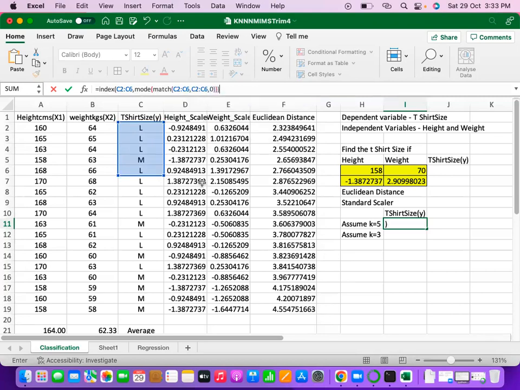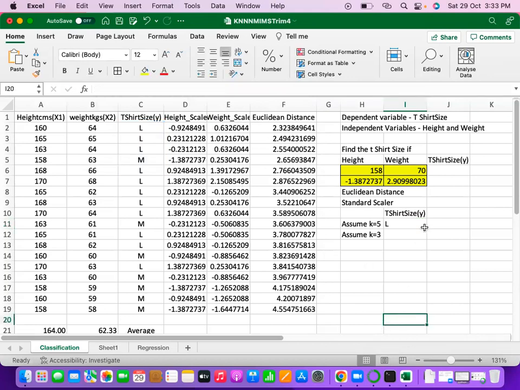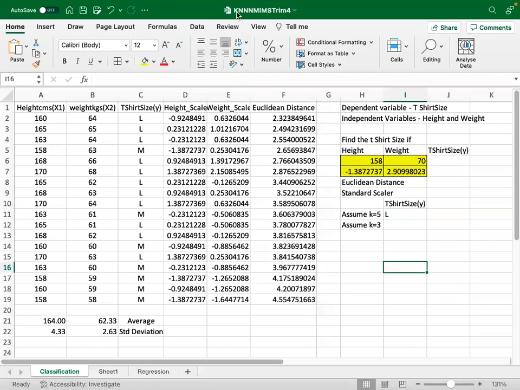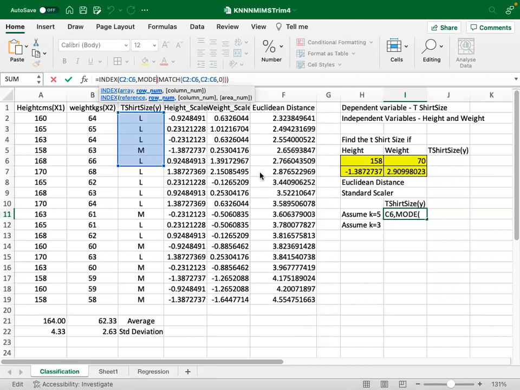Control plus shift plus enter. Yeah, got it. So I have used this index match formula, an array formula.